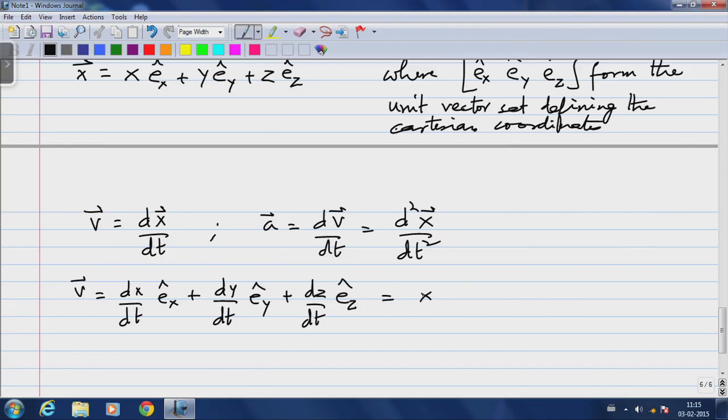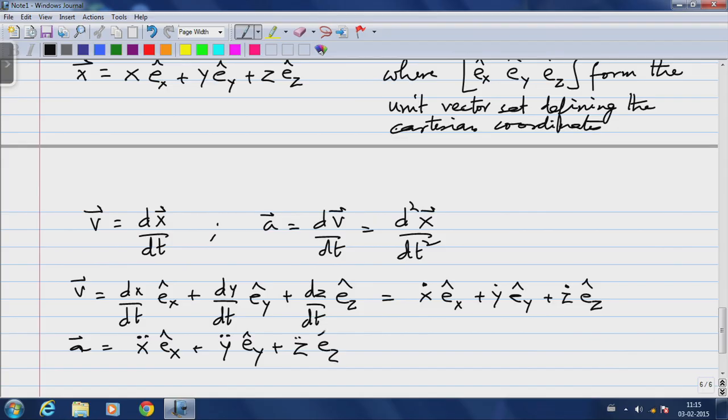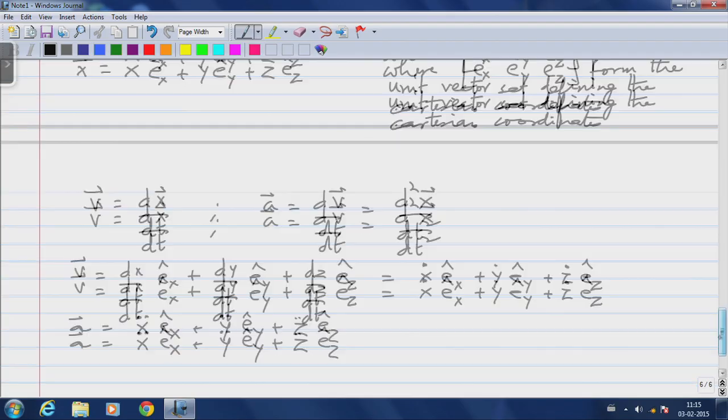For brevity, we will use the dot notation given by x dot, dot indicating time derivative. Likewise, acceleration is x double dot Ex plus y double dot Ey plus z double dot Ez.